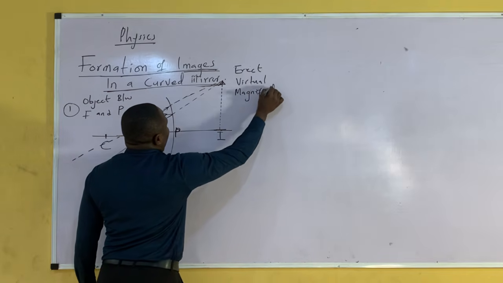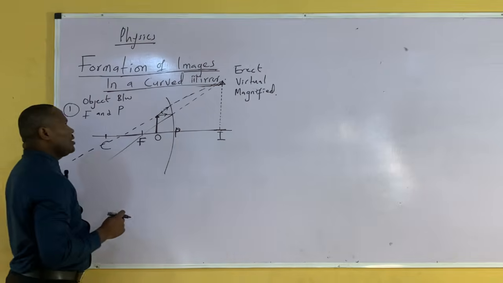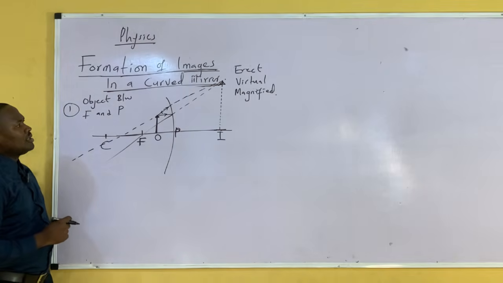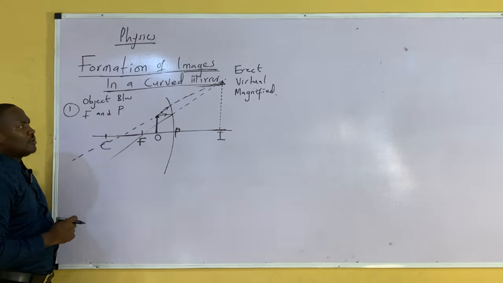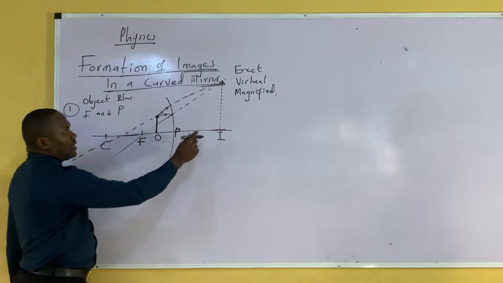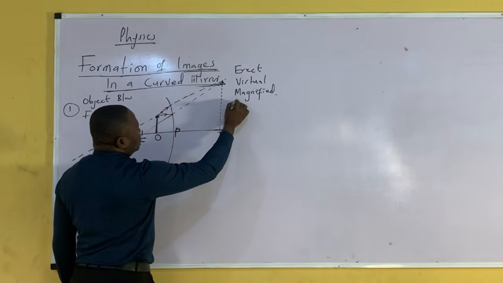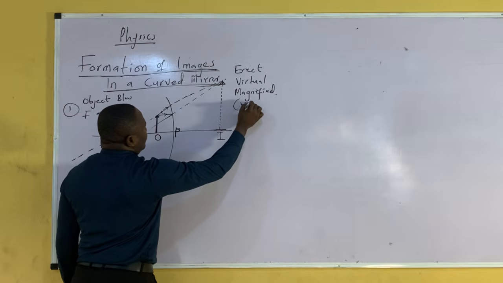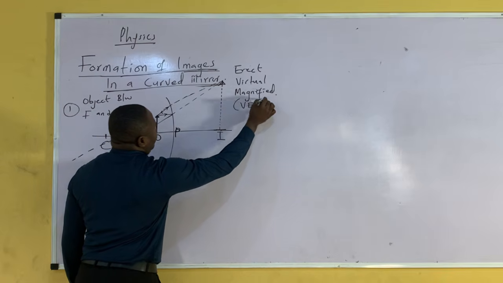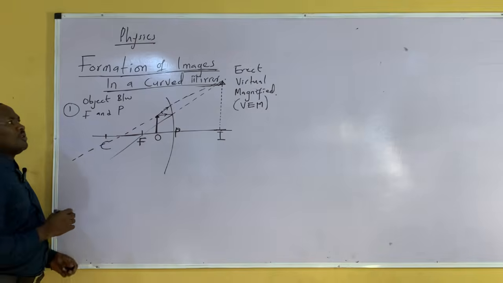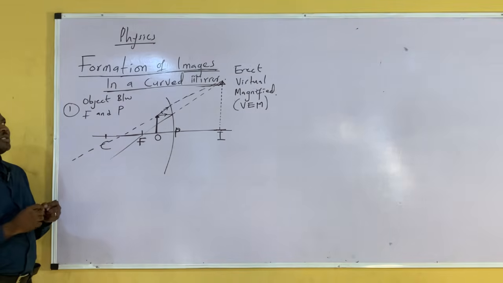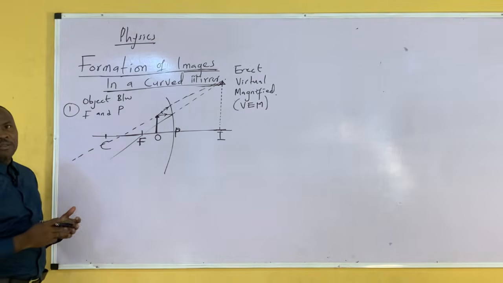These are the nature of the image formed. The image is virtual, erect, and magnified, so we can have an acronym for that, which is VEM.